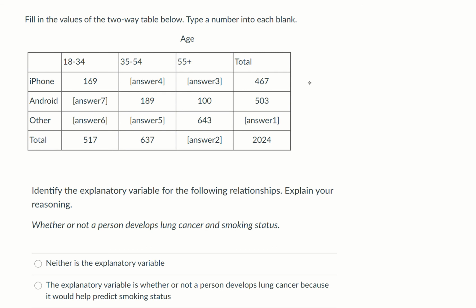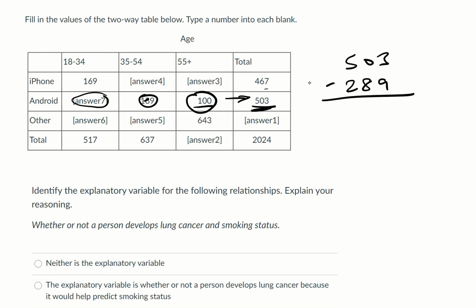We know that this is the total for Android users. So we have 503 Android users, 18900. Remember that all three of these numbers should add up to 503. So we can add these two numbers, and that's going to give us 289. Then subtract that from 503, and that would give us answer 7.